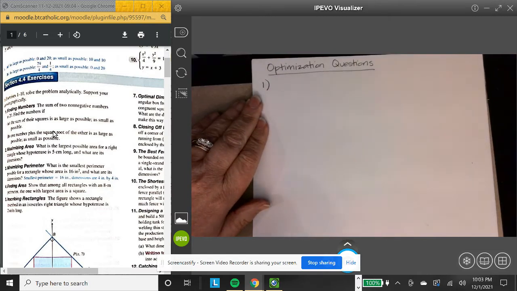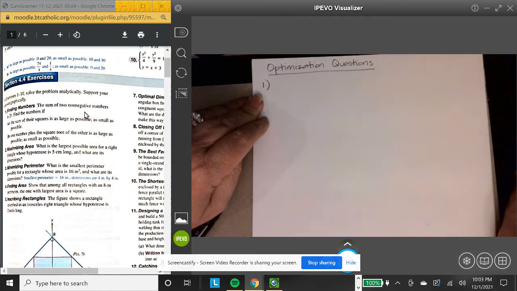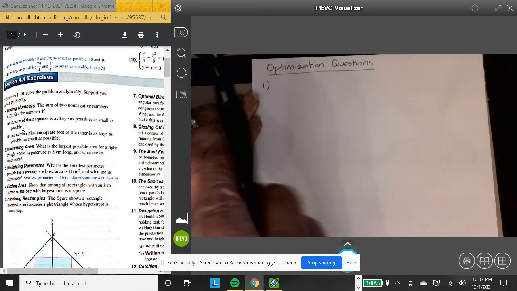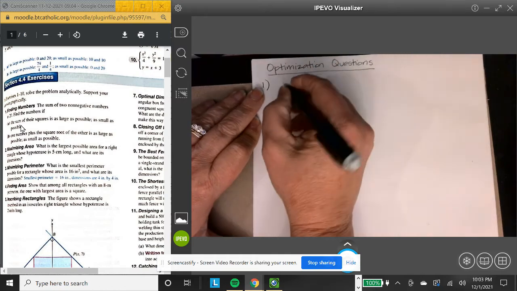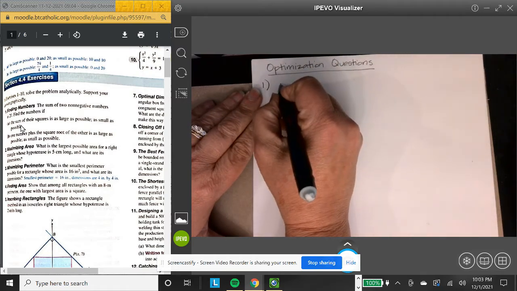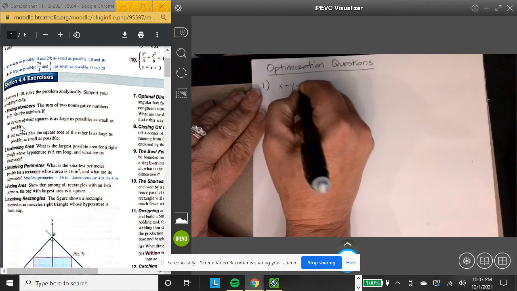All right, question number 1 says the sum of two non-negative numbers is 20. Find the numbers if... okay, so the sum of two non-negative numbers. We could say that one of the numbers is x and one of them is y, so x plus y equals 20, right?